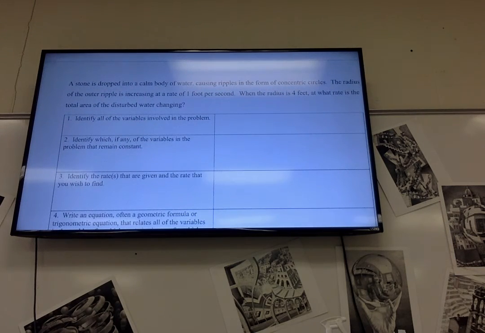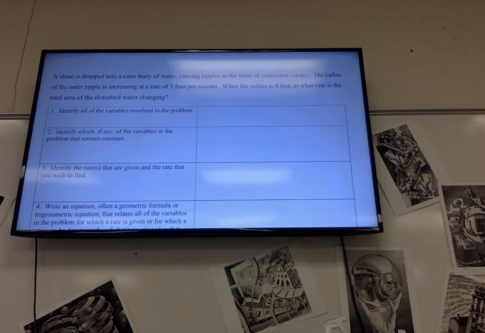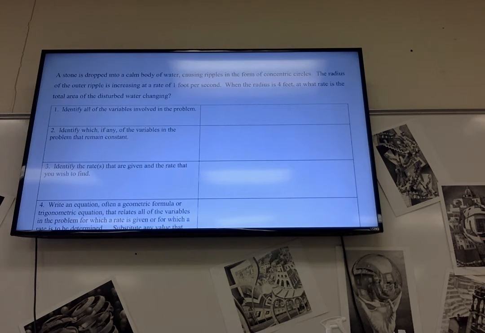Okay, here we go. Next one. A stone is dropped in a calm body of water, and ripples form in concentric circles. We know what that looks like. The radius of the outer ripple, the very last one, is increasing at a rate of 1 foot per second.